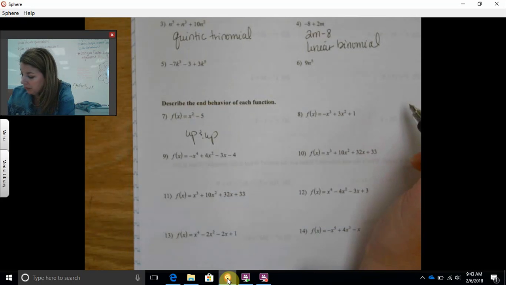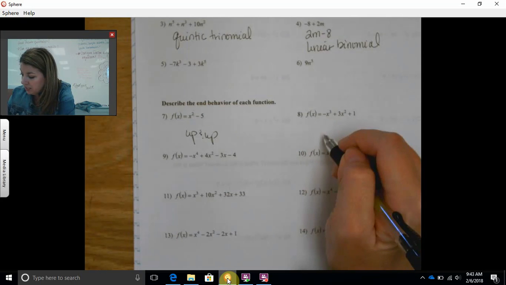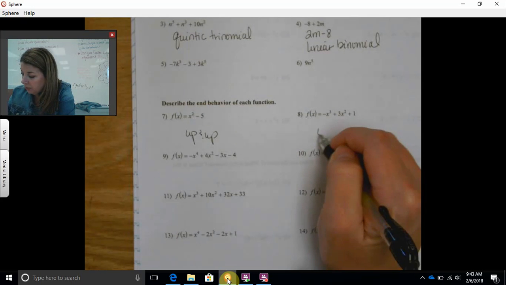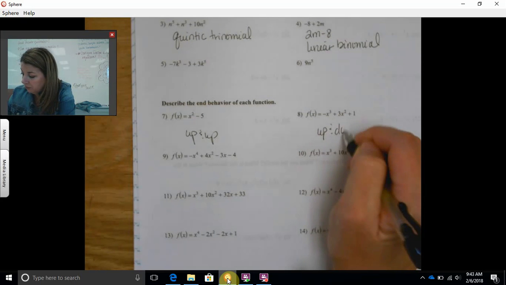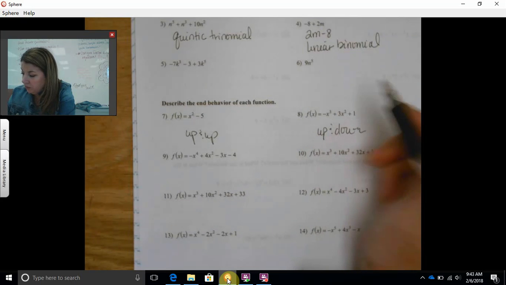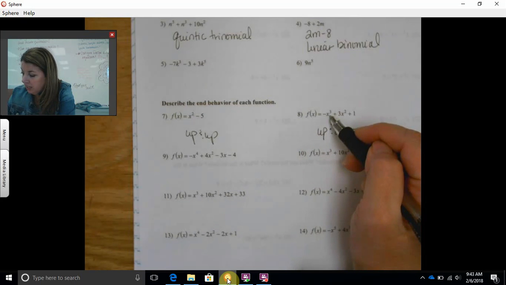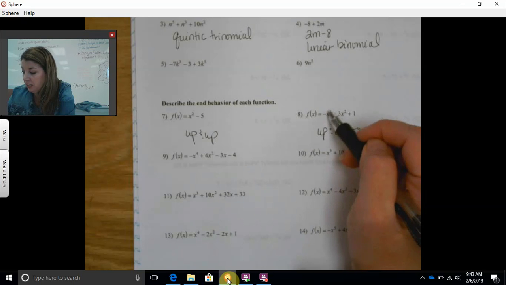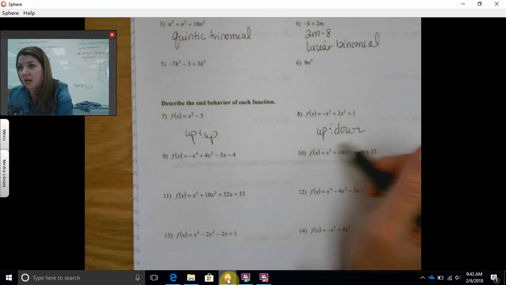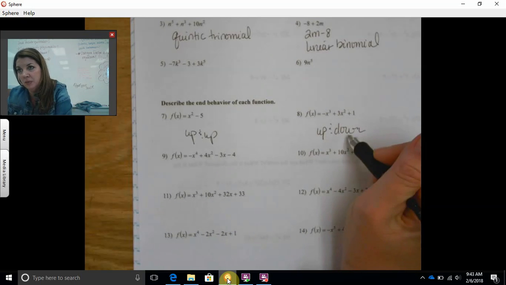Number 8, what is my end behavior? Not down and down, up and down. My exponent is odd. An odd number either means up, down, or down, up. Even, same direction. Odds, opposite directions. If it's odd and your leading coefficient's negative, it's going to end on the negative note, meaning the right side's going to point down, left side's going to point up.